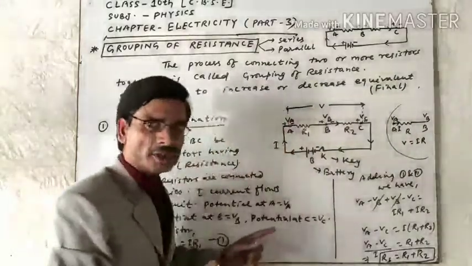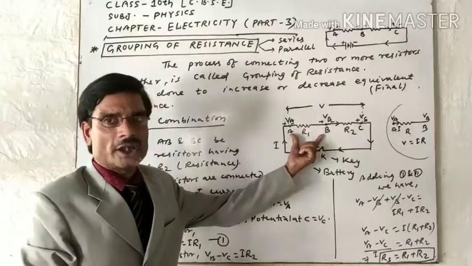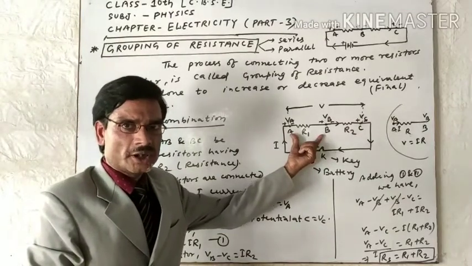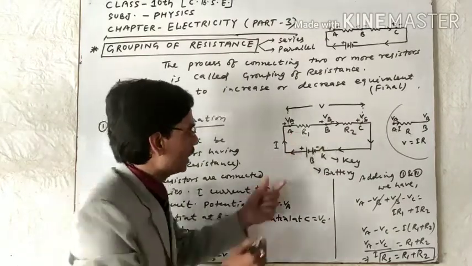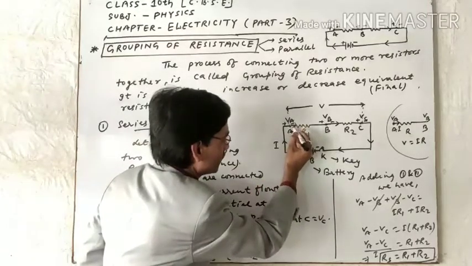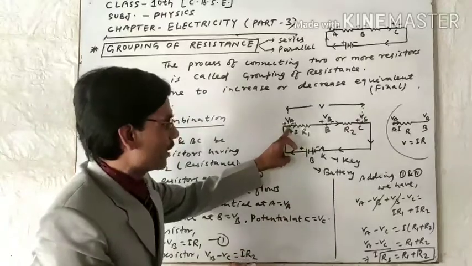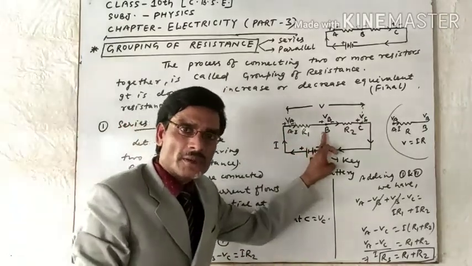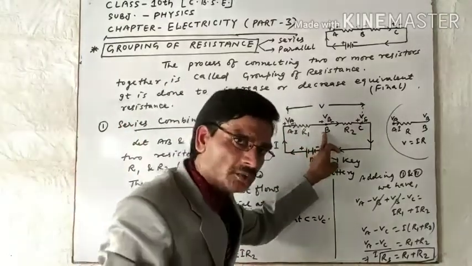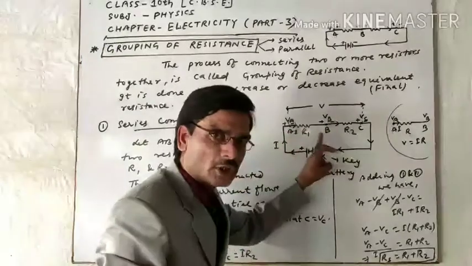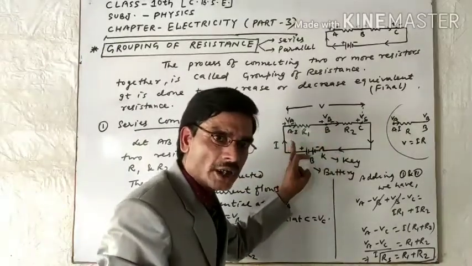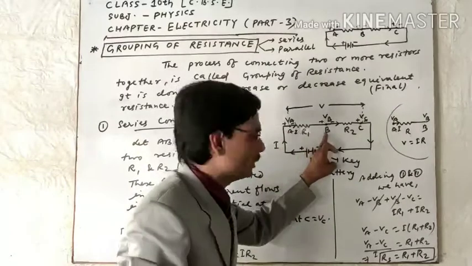Here, pay attention. This is the resistor AB, having resistance R1. I current flows through it. Value of current is I. Potential is VA and potential is VB. And as we know, what is the direction of flow of current? Current flows from VA to VB.